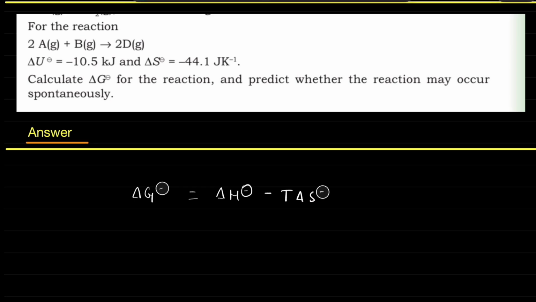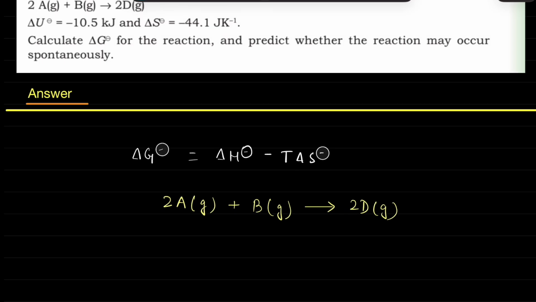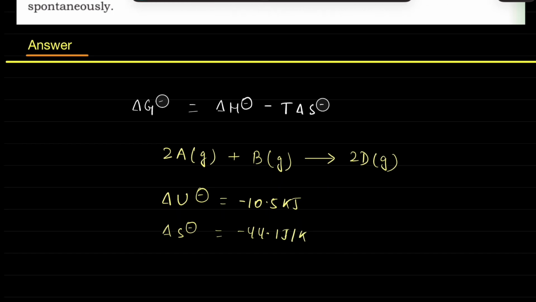Here is our reaction: 2A in the gaseous state reacts with B and forms 2D in the gaseous state. According to the question, delta U is minus 10.5 kilojoule and delta S is equal to minus 44.1 joule per Kelvin. So to find the Gibbs energy, we need to find the change in enthalpy.